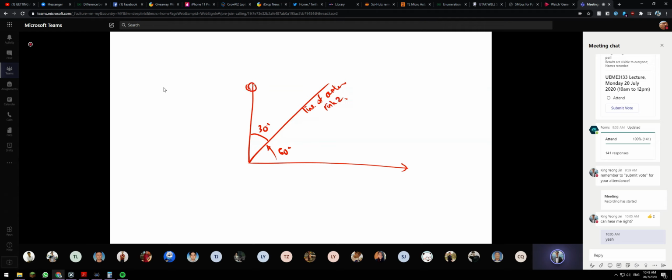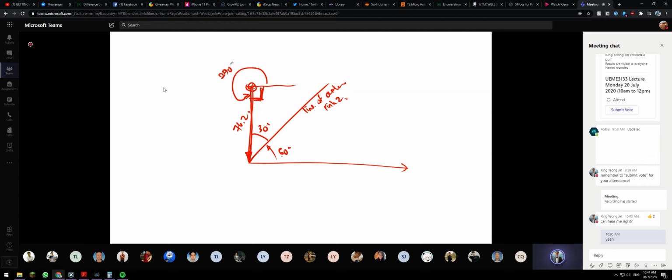So the center of gravity will be here, right? So it gives us 76.2. Remember the one we measure is from the center of gravity. That's why the angle we are going to take is from here. So 60 plus 30 is 90. That's why this is also 90. So here is 270. Okay?